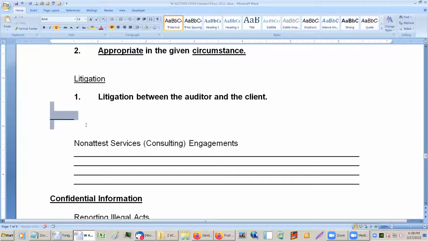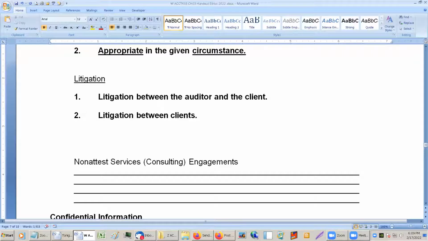The second one is litigation between clients. So client one sues client two.